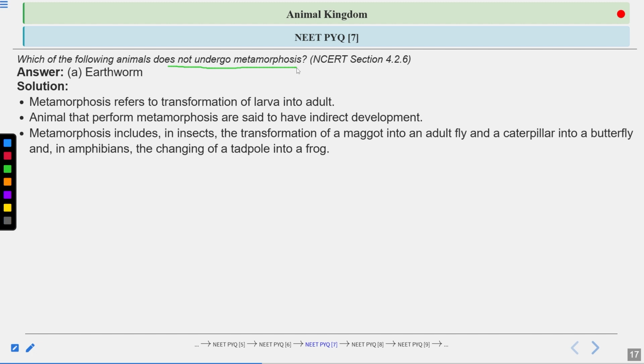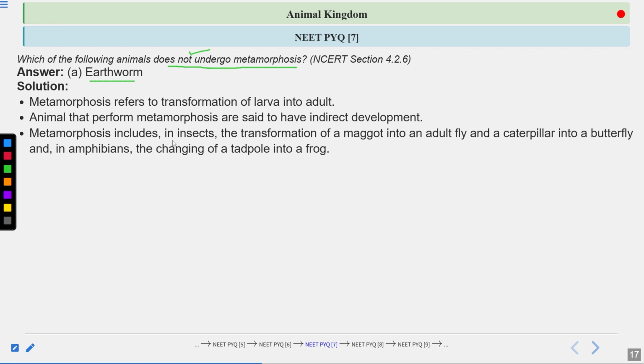And when this larva transforms into the adult, it shows radial symmetry. This point is mentioned in the NCERT, and it shows that the starfish has a larval stage. But here it is asked, does not undergo metamorphosis. It means it does not have a larval stage. The organism that does not have any larval stage will not undergo metamorphosis, right? So earthworm does not have any larval stages.